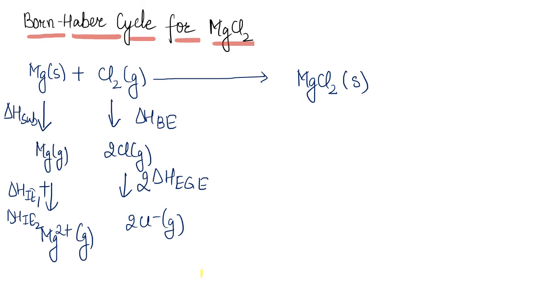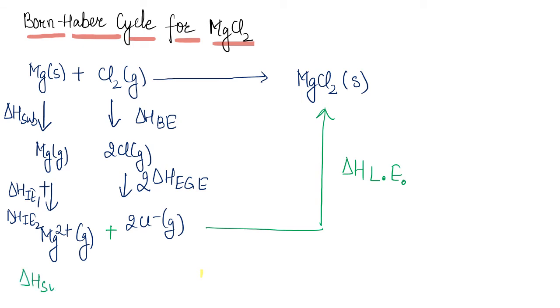Okay. उसके बाद क्या होगा, this magnesium 2 plus will combine with 2 Cl minus to form this, and this is called lattice energy.